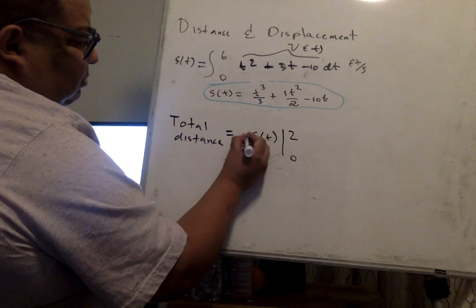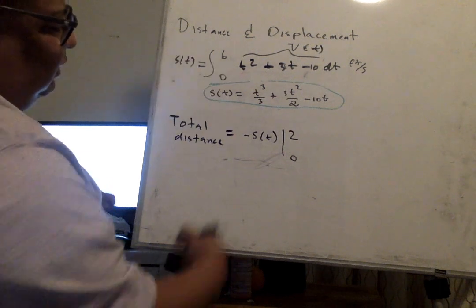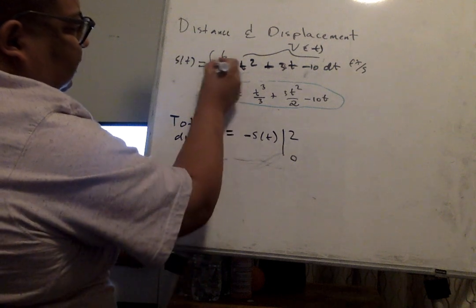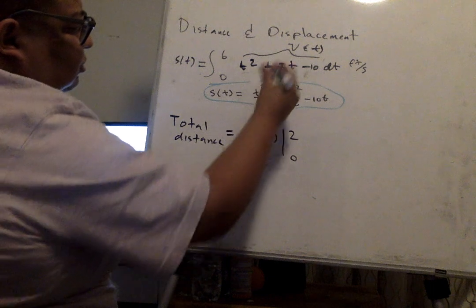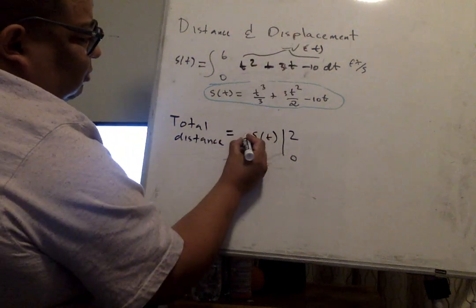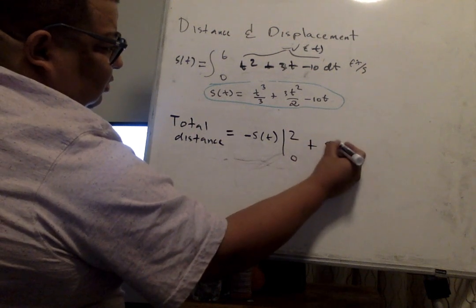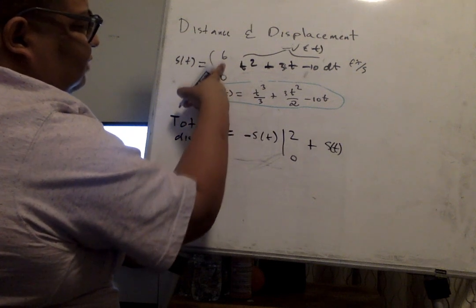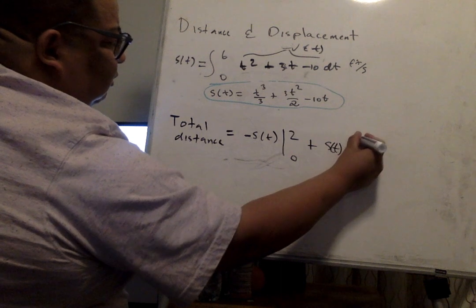But remember, this is minus, because here your velocity is negative, so we need to put a minus. When you take the integral, you have to put a minus because your velocity is negative. Remember that. So it's minus, and then plus the integral between 2 and 6. This is when the velocity is positive, so we don't need to put any negative sign.